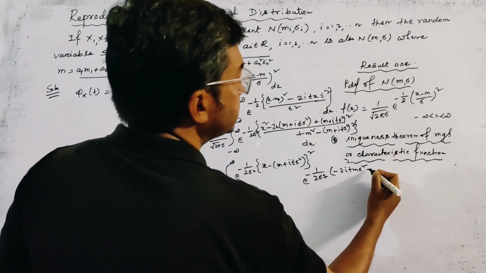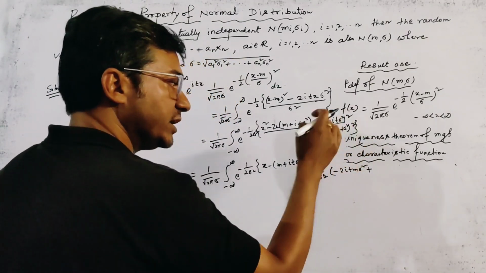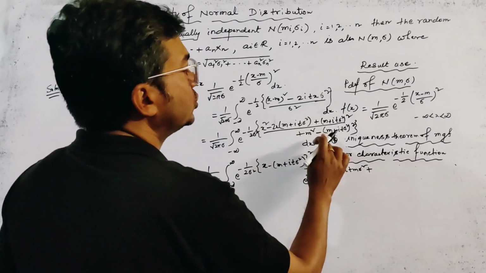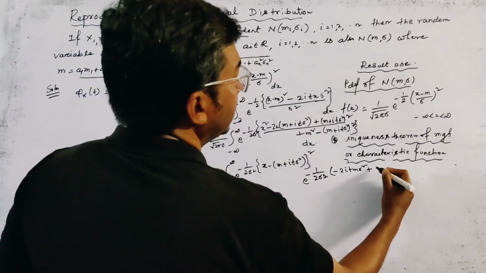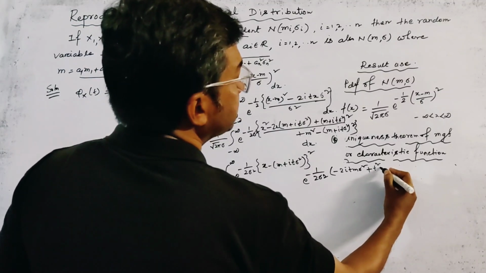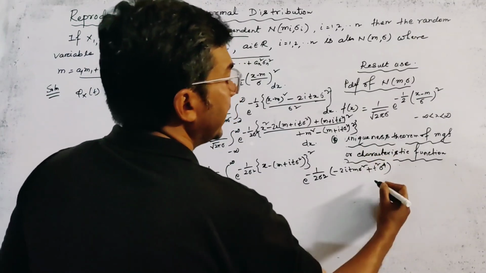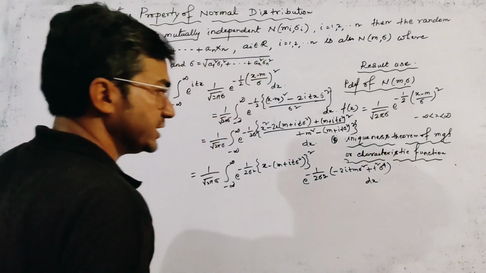This is again plus, because i square is again minus. So two minus and one plus, this is plus t square sigma to the power 4, and dx is also present here.